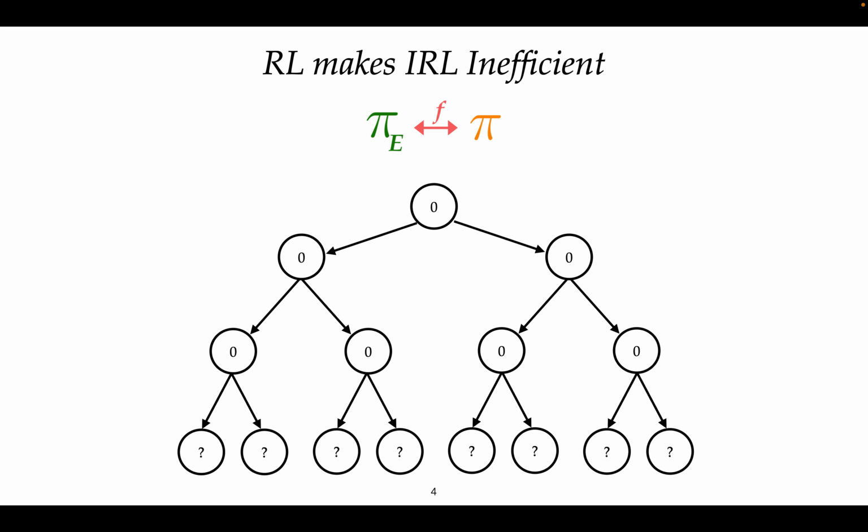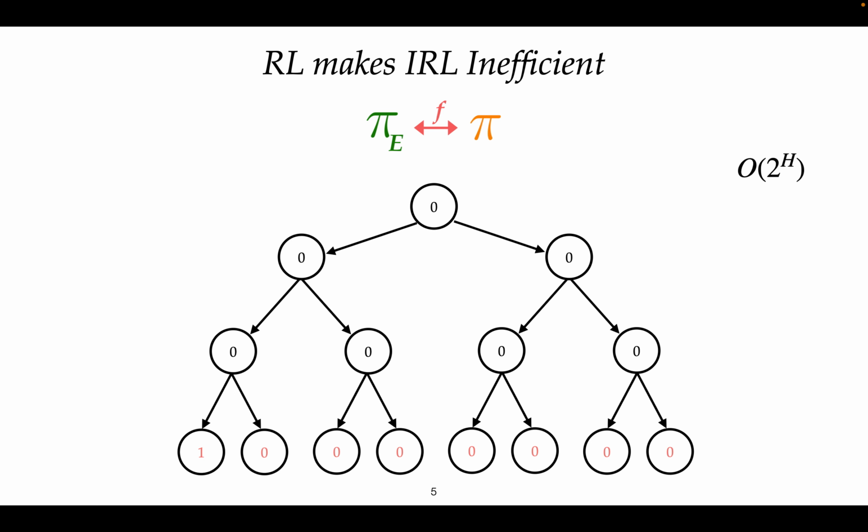Let's say on the first iteration, the adversary picks the following reward function. Then, to find any reward whatsoever, the learner needs to explore every single node in this tree, of which there are 2 to the h. So already on the first iteration of this procedure, we have an interaction complexity that is exponential in the task horizon.